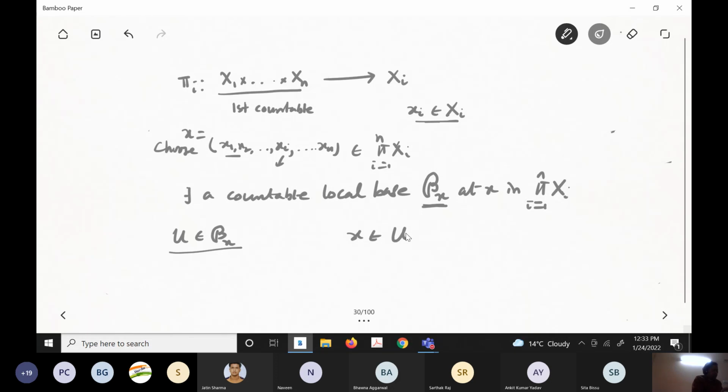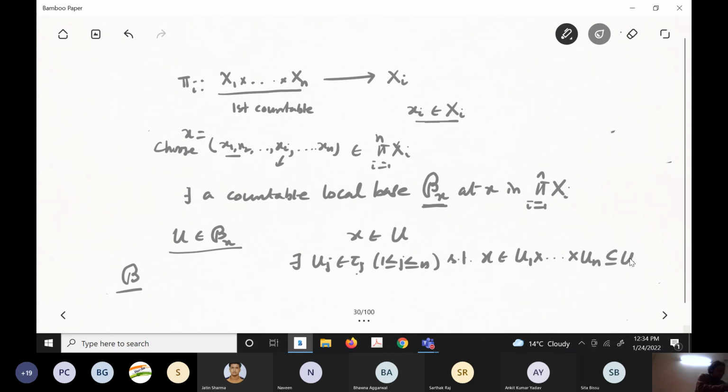By the definition of the product topology, because you know how we got the base in the product topology, all these products, there exists Uj belonging to tau j. I'm using different notation because here I have taken fixed notation such that X belongs to it.